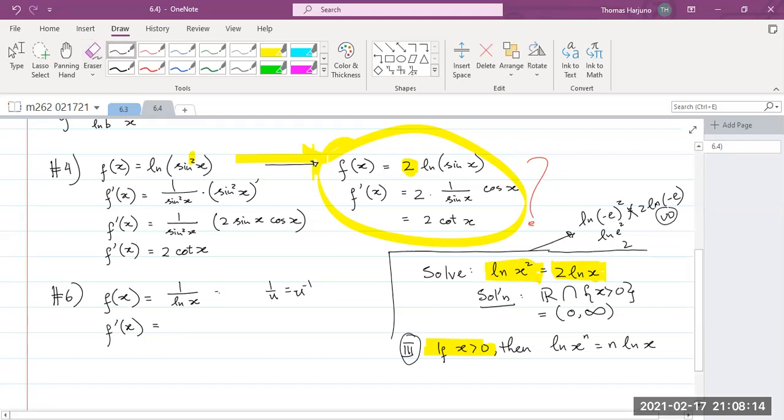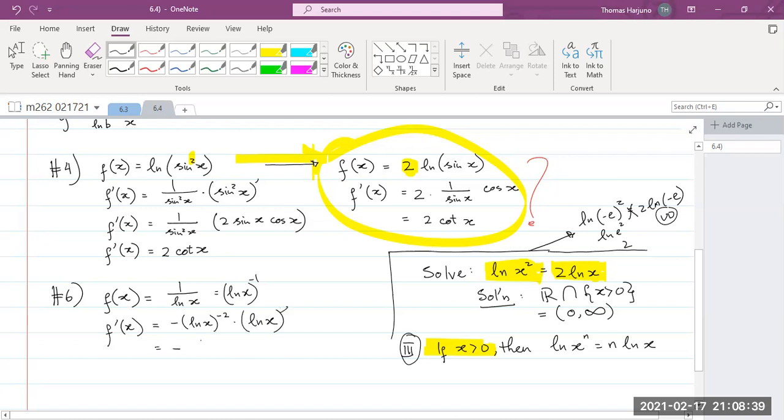Let me write it this way, this is natural log of x to the power of negative 1. Maybe I write it that way, better. So the derivative of natural log of x to the power of negative 1 is negative natural log of x to the power of negative 2 times the derivative of natural log of x.